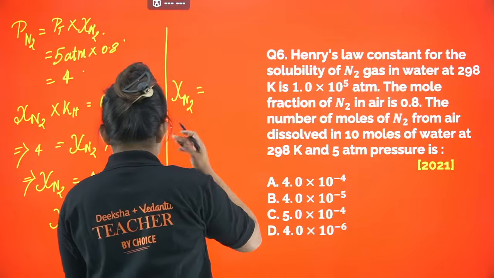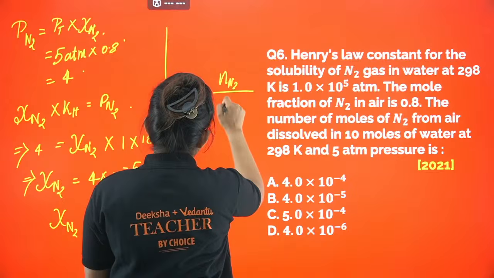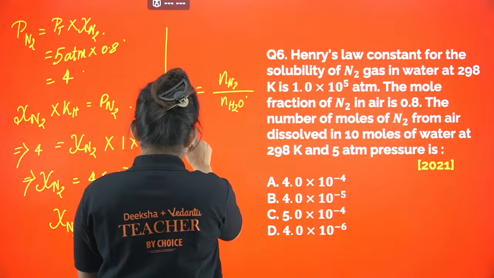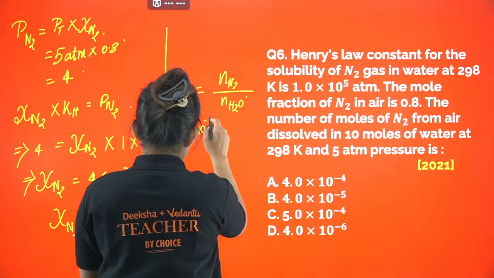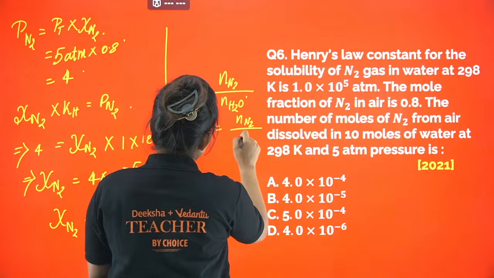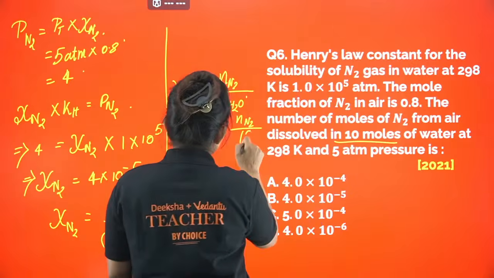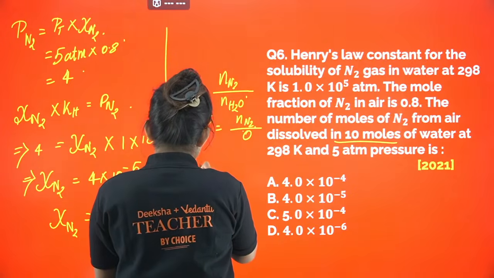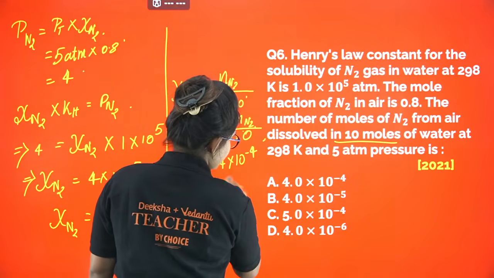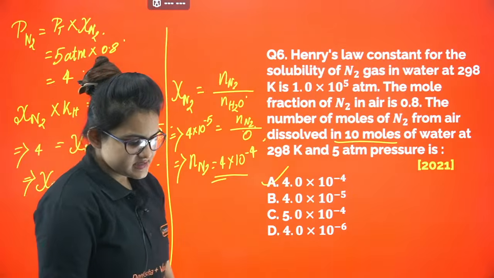So if I further proceed with the calculation, so number of moles of N2 divided by number of moles of H2O, okay? So mole fraction is something like 4 into 10 power minus 5 equals to number of moles of N2, and here number of moles of water is given as 10 moles, right? So from here number of moles of N2 I am getting 4 into 10 power minus 4. Okay, A is the correct option. Okay, I guess it's clear to you.